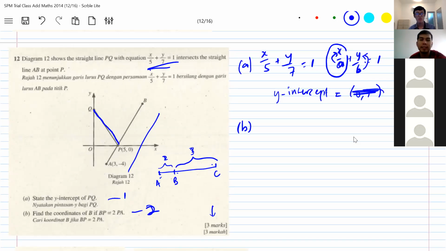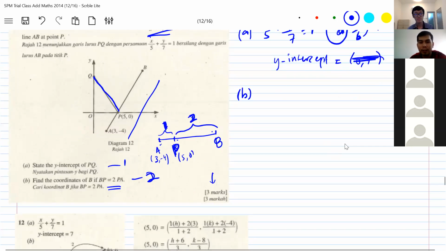Okay? So in this case, they give you A and B, right? A is (3, -4), B is (5, 0). Okay, this is confusing. So A, P, and B, right? I'll follow the question. And then they ask you to find P. And the ratio given is that BP is 2 times of PA. So here is 2, here is 1. So 1 PA, here is 2 PA. 1 and 2. Okay?